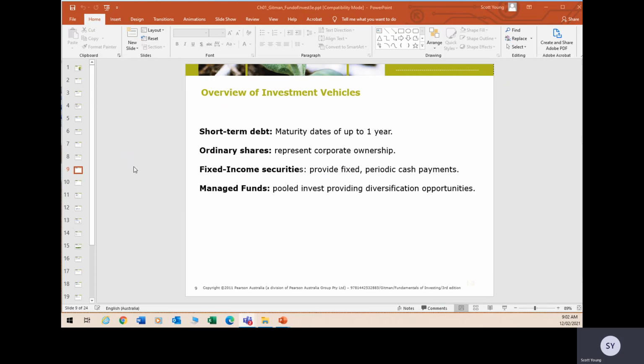As we go across to page 9, we have our fixed income securities. These are investment vehicles that, again, are 1 year or more because they are long term. We'll cover this a bit later: anything under 1 year is done on a discount basis, and I'll explain that later.